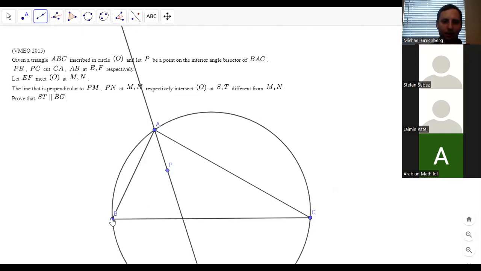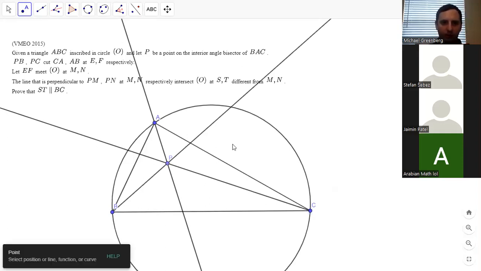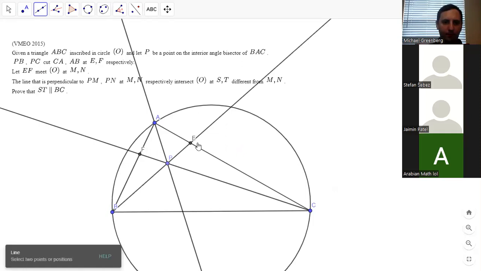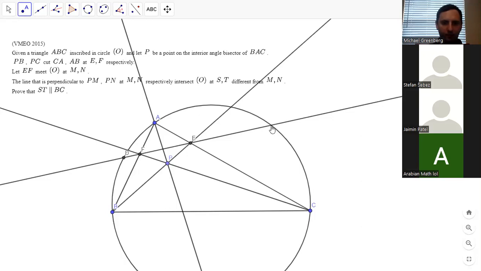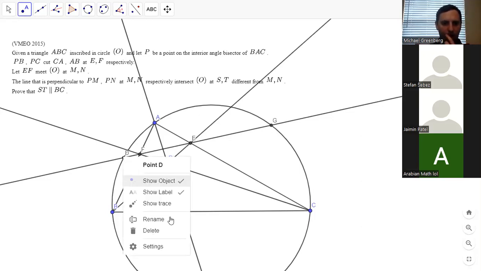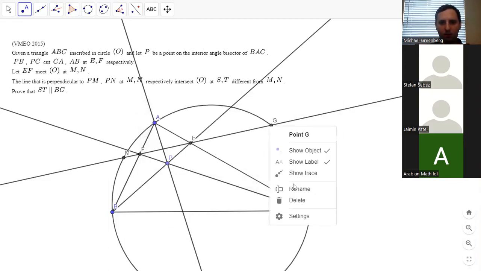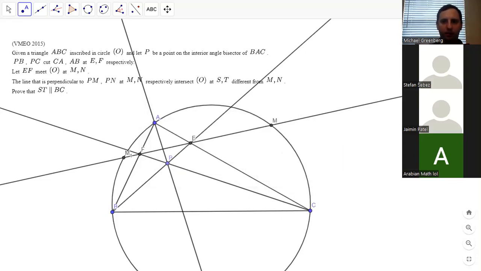Yeah, Vietnam has a lot of good problems. Okay, so this should be E and F. And then we let EF meet the circle at 2 points. Actually, I'm not so sure if I've done this before. So M and N. A line perpendicular to PM, whoops.